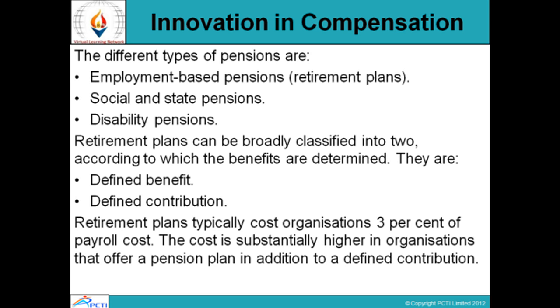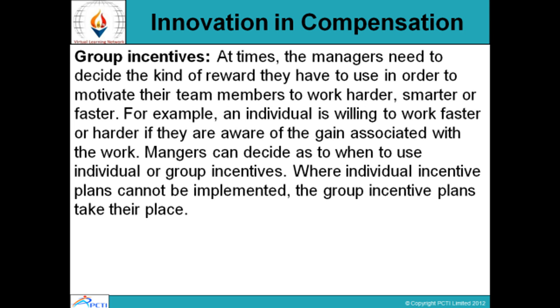They are defined benefit and defined contribution. Retirement plans typically cost organizations 3% of the payroll cost. The cost is substantially higher in organizations that offer a pension plan in addition to a defined contribution.